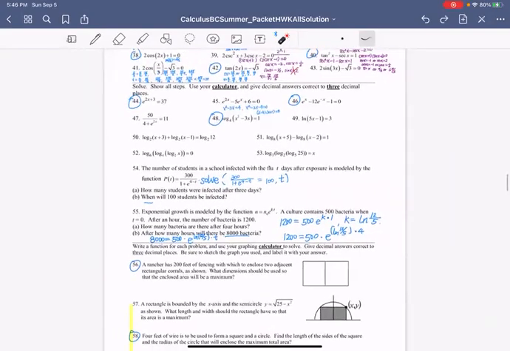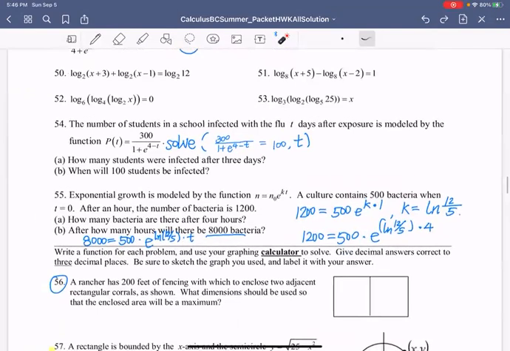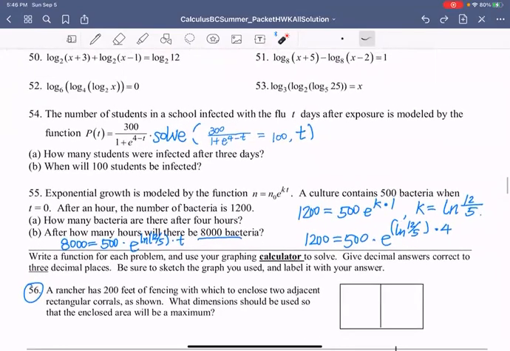Okay, so the function gives you n0, which is 500, but it doesn't give you k, the rate it grows by.